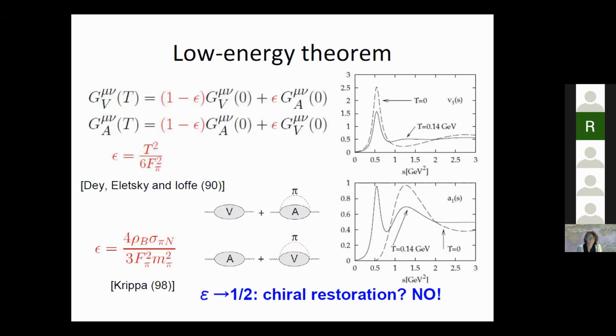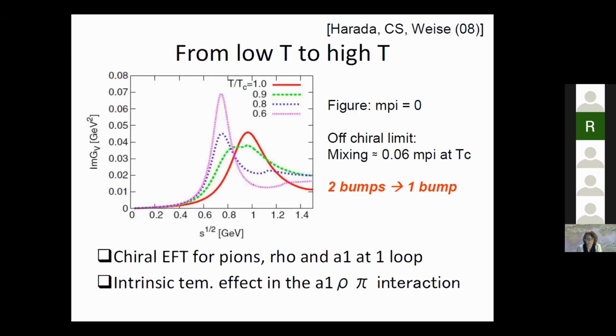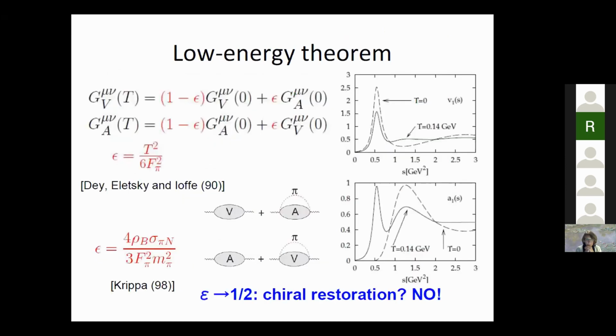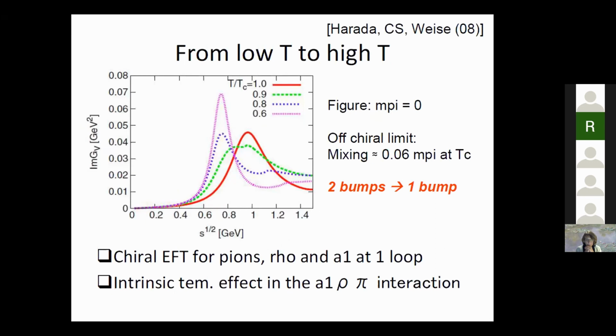So what's the difference from the mixing which I have considered? The main difference is that this mixing must vanish when chiral symmetry gets restored. Diagrammatically, the mixing is induced by the vertex of pion, rho meson, and A1.